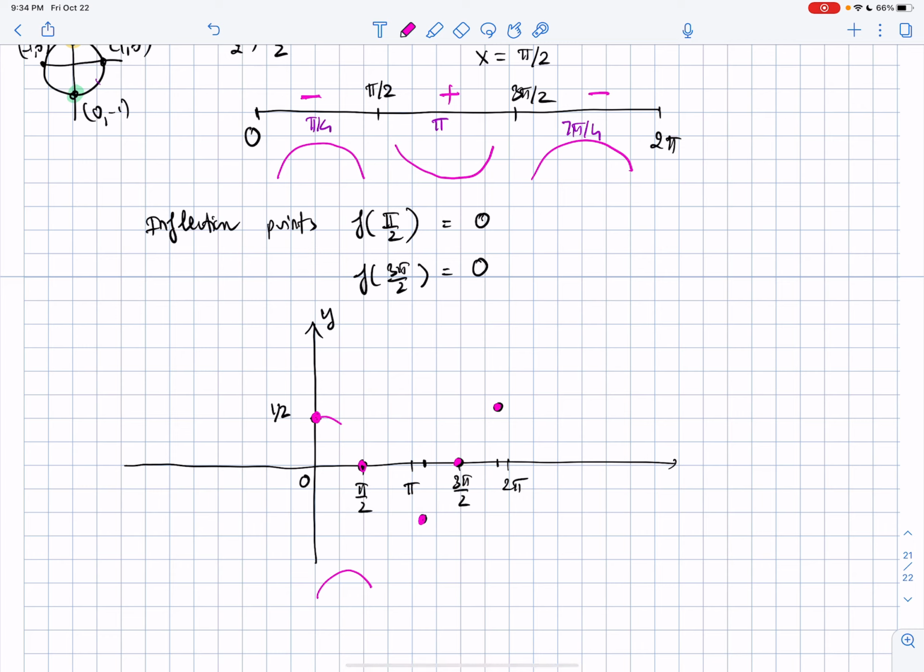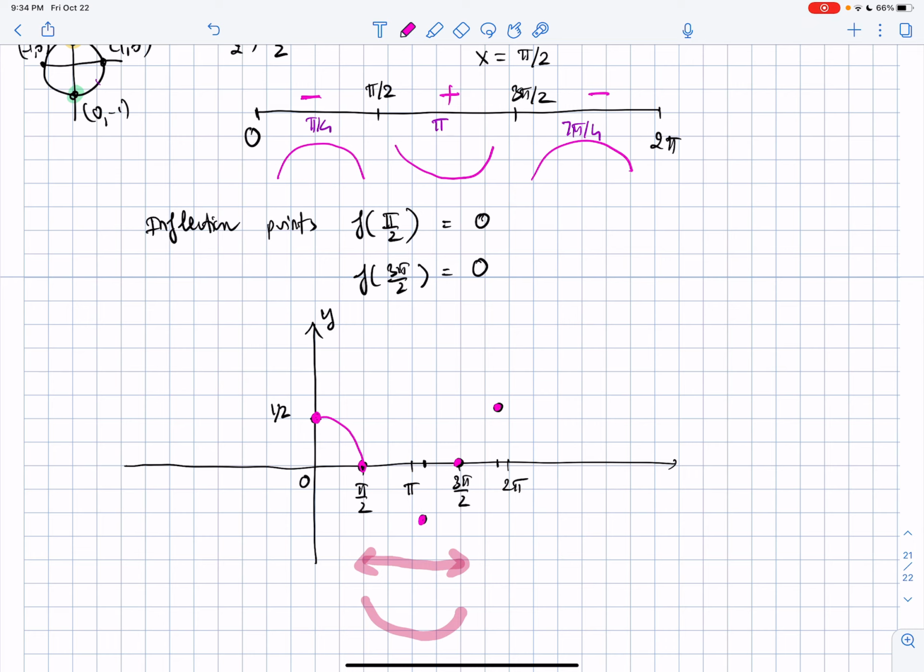Then from pi over 2 to 3 pi over 2, which is this interval, we have concave up, so we connect the points like this. And the last one, from 3 pi over 2 to 2 pi, we have concave down, so we do like this.